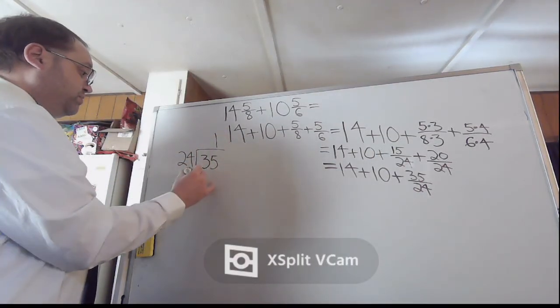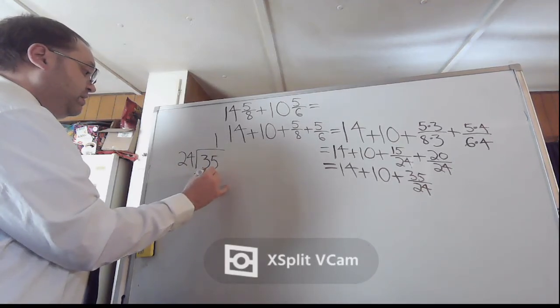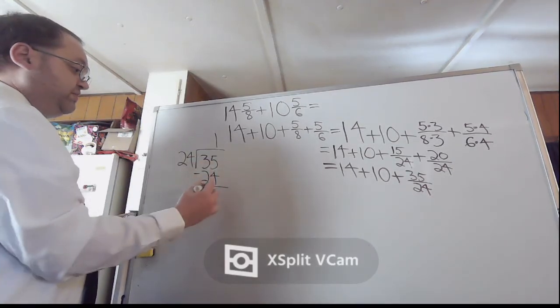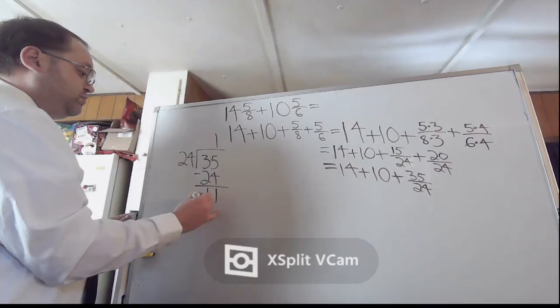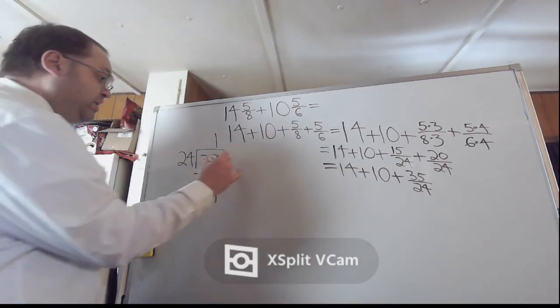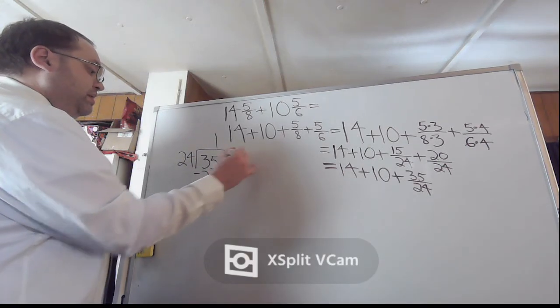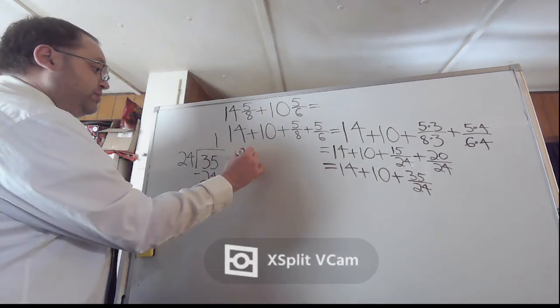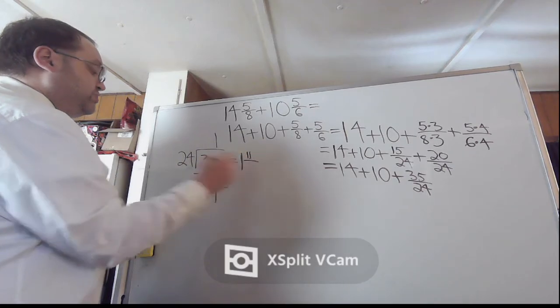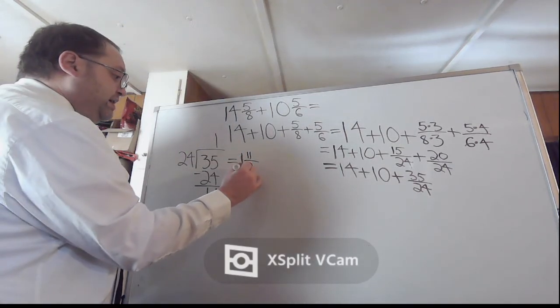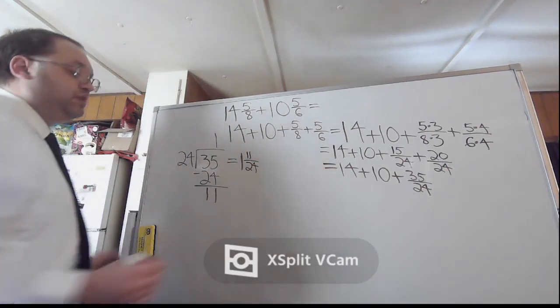So 1 times 24 is 24. Do your subtraction. You'll have 5 minus 4 is 1. 3 minus 2 is 1. Okay. So it looks like 1's going to be your whole number. That 11 as the remainder will be your numerator. And that 24, that divisor, will be your denominator. You'll have 1 and 11 24ths.